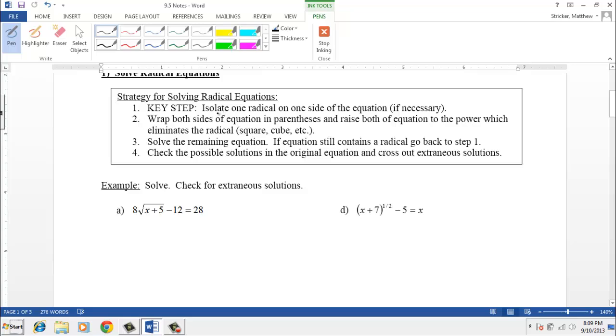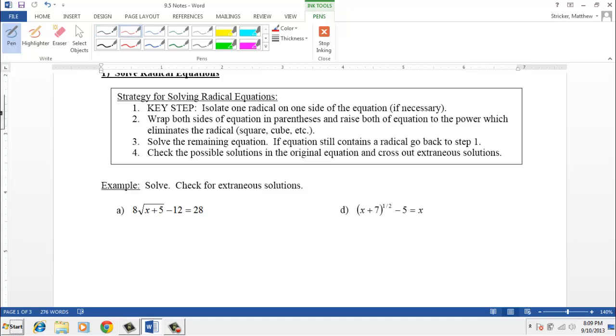I say one radical because sometimes we have more than one radical. But the key step here is to isolate. If you don't isolate first, you're going to get into all kinds of trouble. And this should sound familiar because we did this before when we solved absolute value equations and inequalities. So we should be used to isolating.